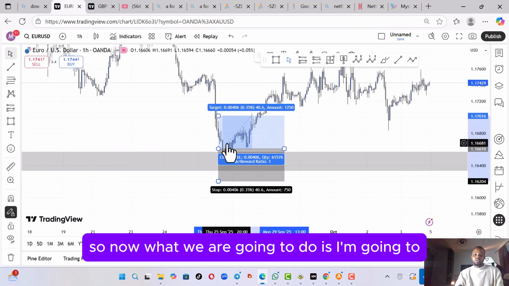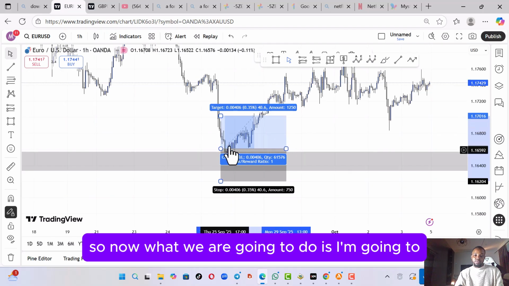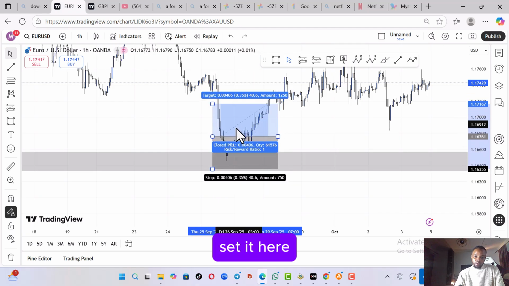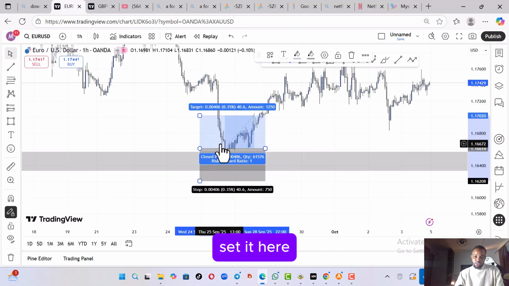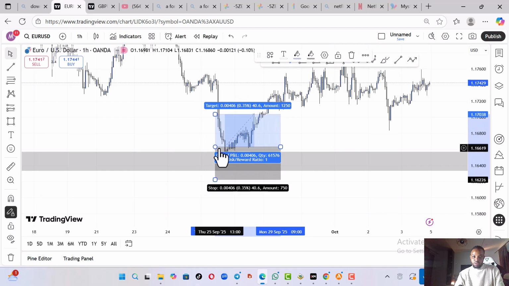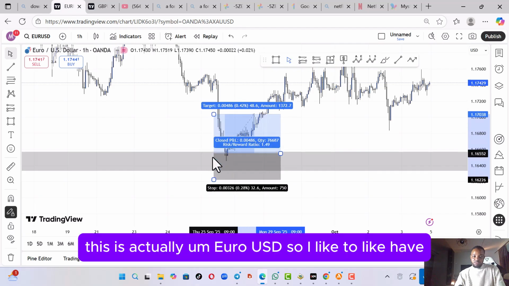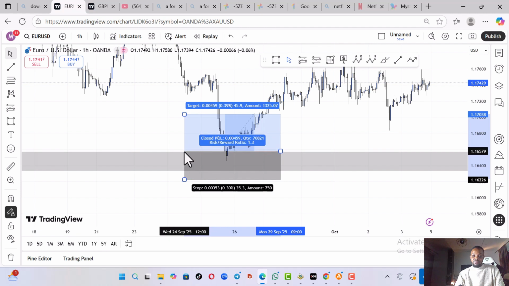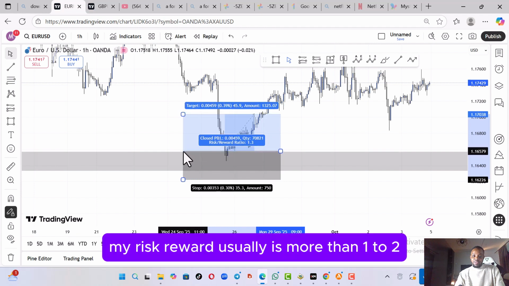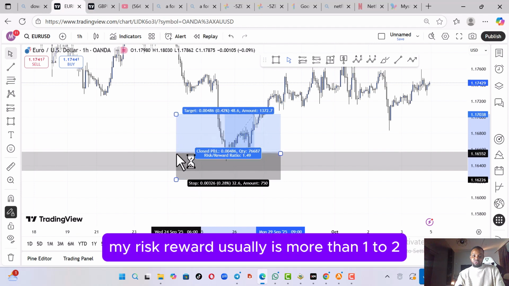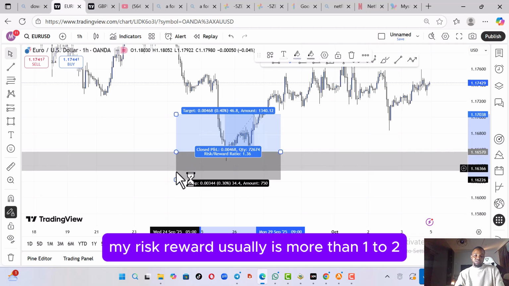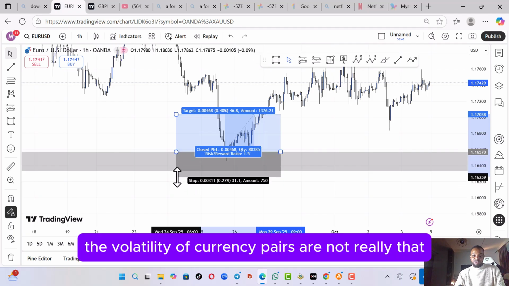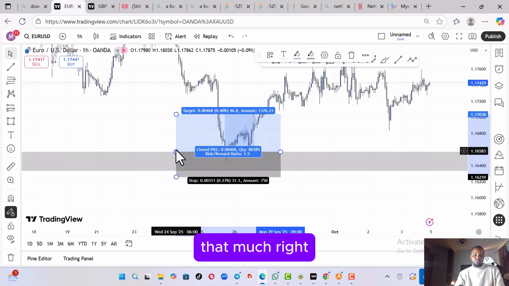So now what we are going to do is, I'm going to set it here. This is actually EUR/USD. So I like to have my risk reward usually more than 1 to 2, because the volatility of currency pairs is not really that much, right?